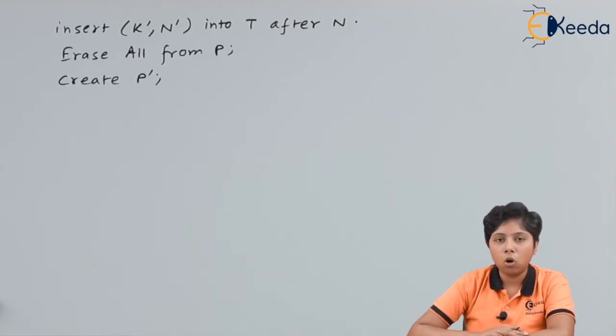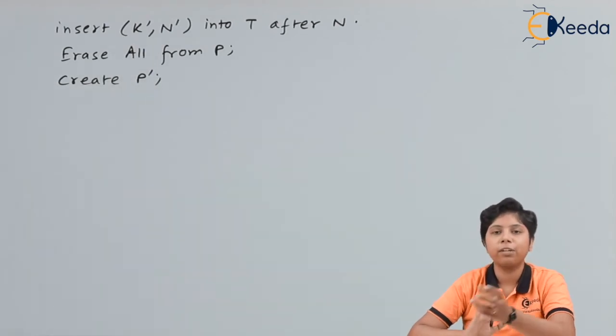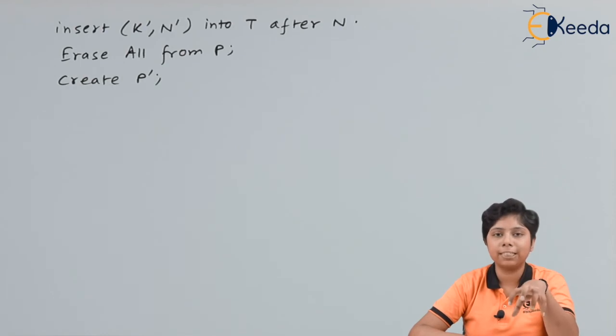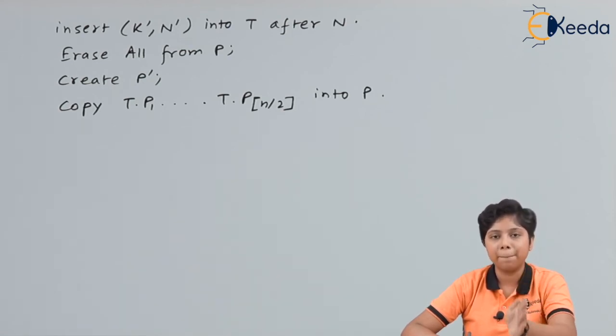Now after erasing all contents from P, we create a node P' so that we can move content from T to P' as the new node. Half of T, starting from T1, that holds the values for P, will be stored in P, and we have erased it from P, so P will now have a new node with all the values up to the middle one.